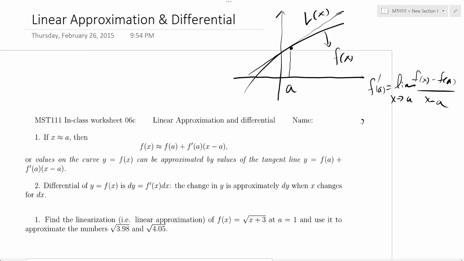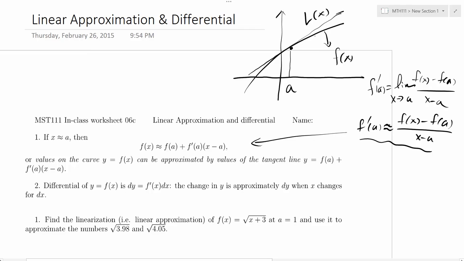So what it means is that the derivative is approximately the slope of the secant line. And if we just rewrite this expression, this is what we have. So this is approximately the same thing. Or visually, it's easy to see.